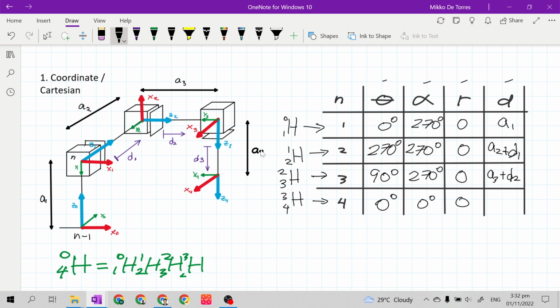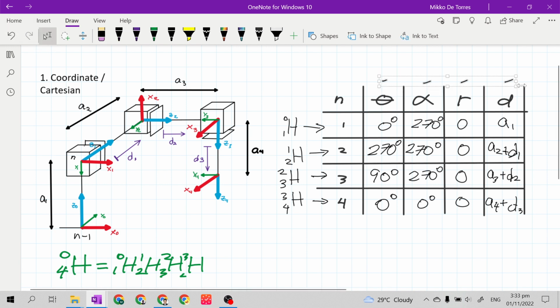So the D is A sub 4 with the given joint variable D3. Okay. So this is the complete parametric table of this Cartesian manipulator.